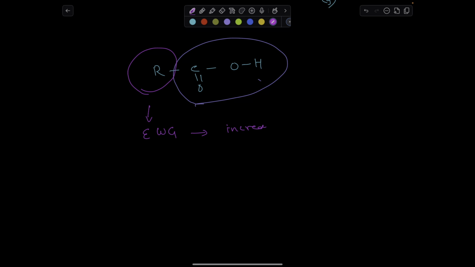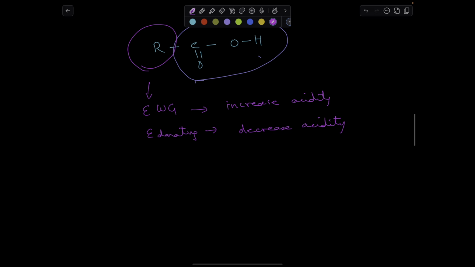And if R is electron donating, then that would decrease the acidity. Because an electron withdrawing group can easily remove the proton here, and an electron donating group will decrease the ability to remove the proton.